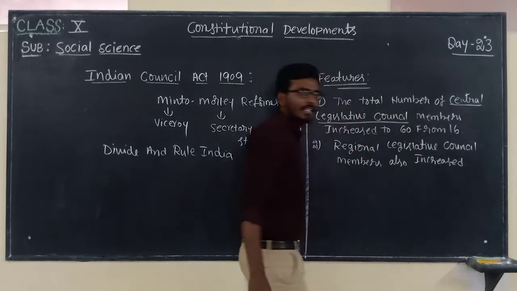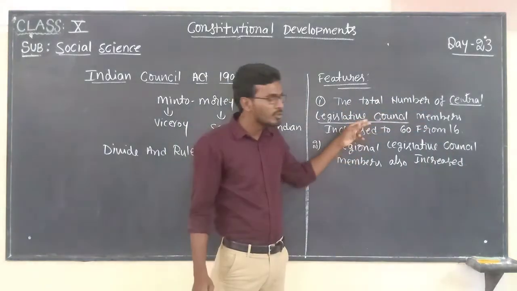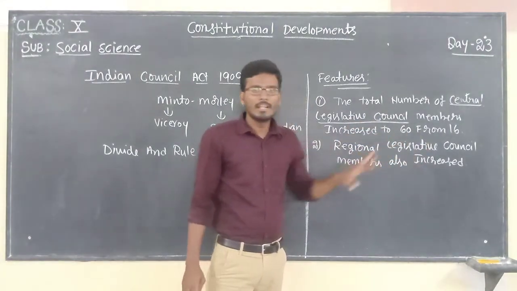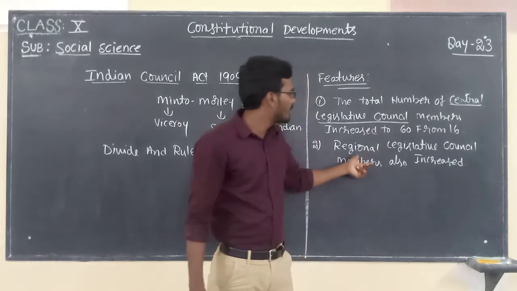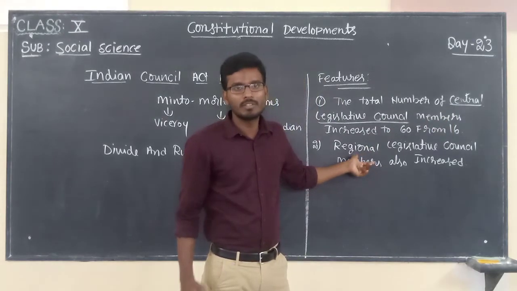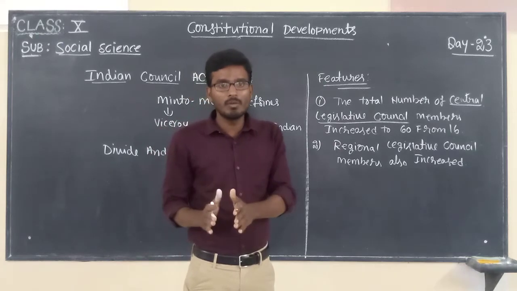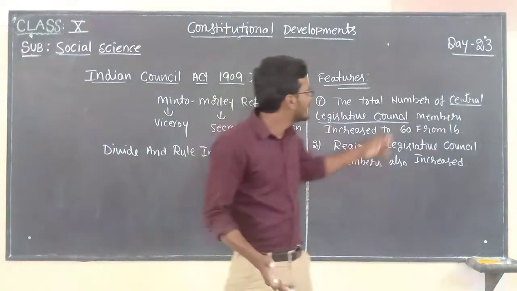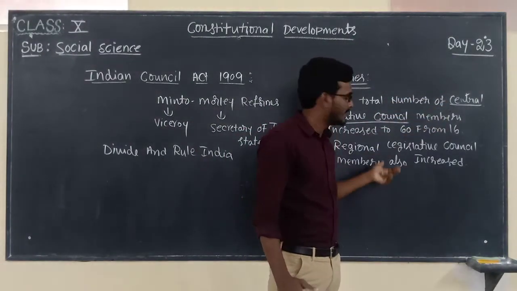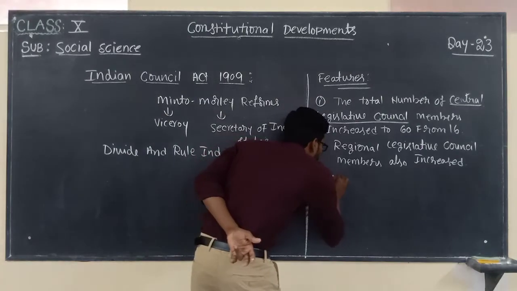It means representation increased in the central legislature and also in the regional legislative council. Legislative council is nothing but the upper house. So in the legislative council, the total representation for Indians increased at the central level as well as the regional level. Okay. Third one.